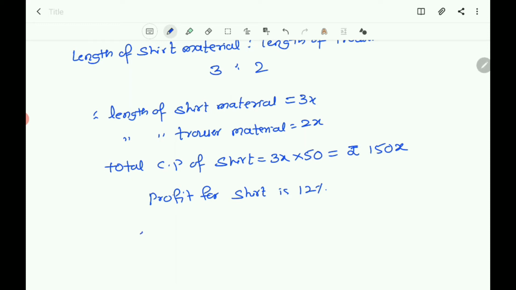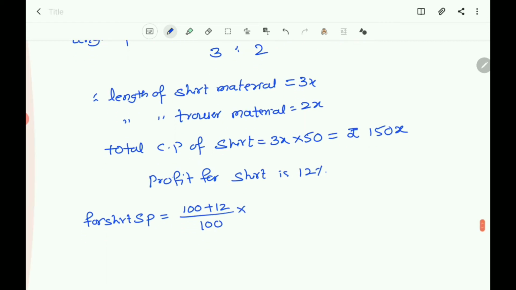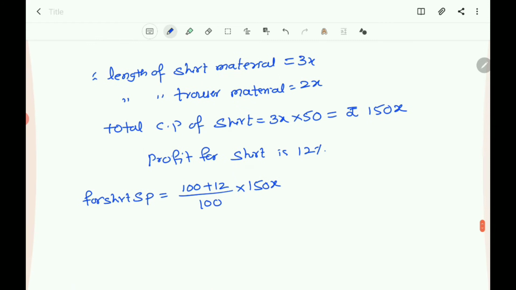So for shirt, SP is 100 plus 12 for 100 rupees. We have to get the SP for 150x rupees. So it becomes 112 by 100 into 150x.